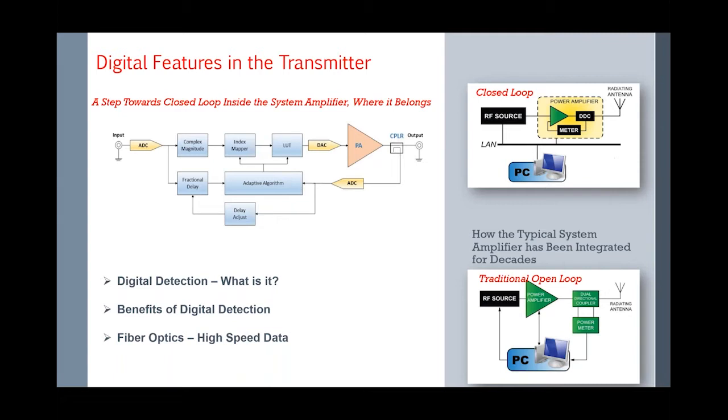In the past, pre-distortion and digital signal processing were done in baseband or in IF, but not in radio frequency. Our approach is that because we do only the amplifier, we don't do the exciter, I want to correct my amplifier and provide it with full, complete linearity.